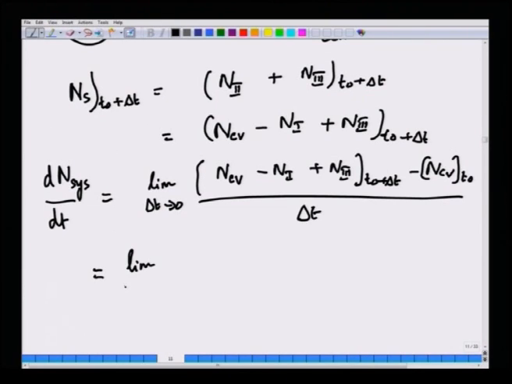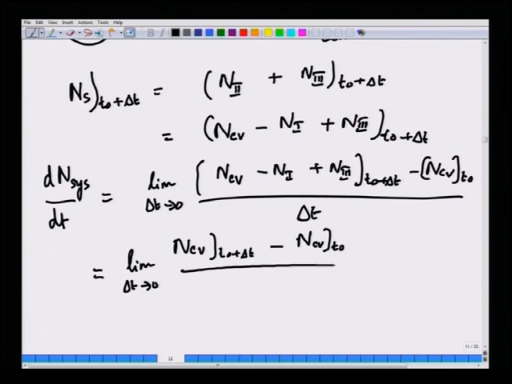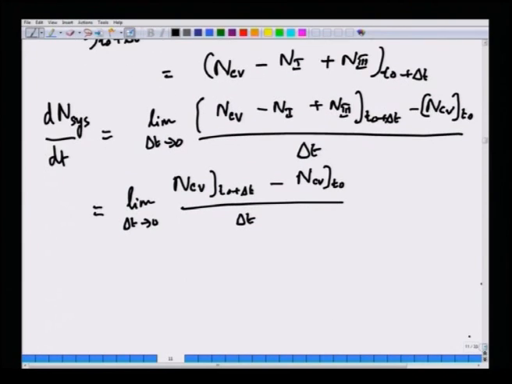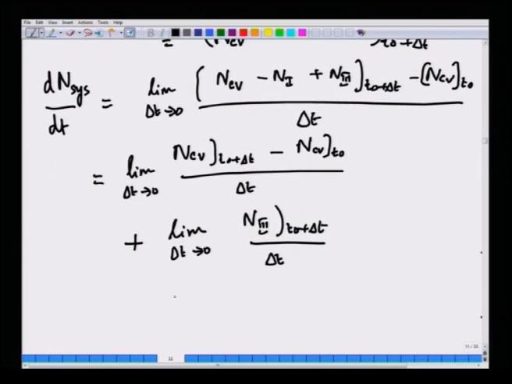So, limit delta t going to 0 of NCV at t0 plus delta t minus the amount of various quantities present in the CV at t0, divided by delta t. This is one term. The second term is plus limit delta t going to 0 of N3 at t0 plus delta t divided by delta t, minus limit delta t going to 0 of N1 at t0 plus delta t divided by delta t.